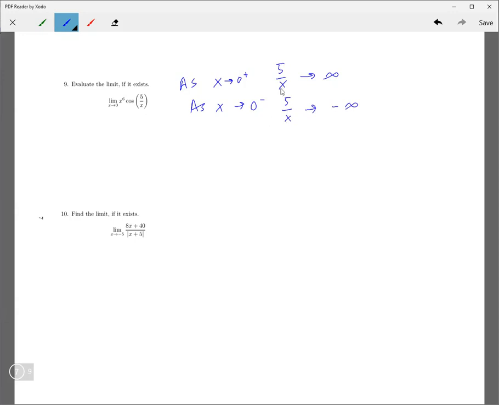That's just the 5 over x. But another thing you might notice is that cosine of 5 over x is always between -1 and 1. So as x goes to 0, yes, these both go to infinity, but they're always between -1 and 1.